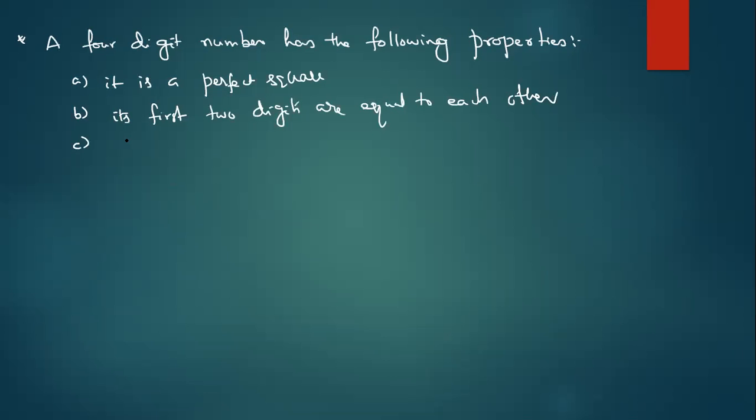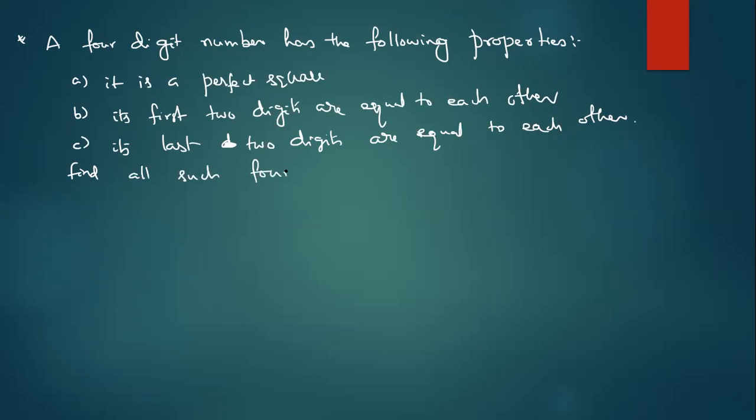C: one more condition. Its last two digits are equal to each other. Find all such 4-digit numbers.